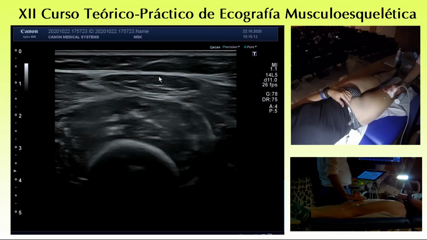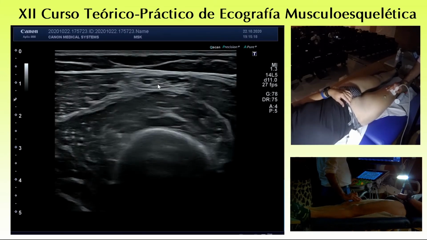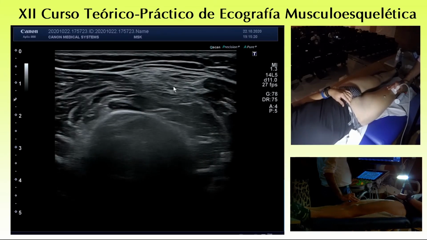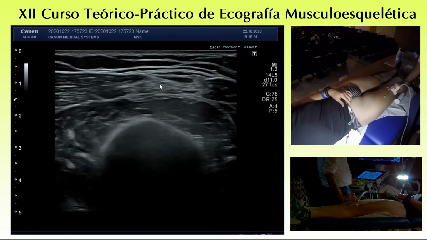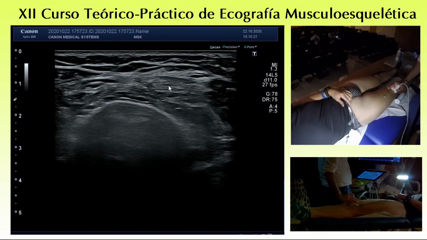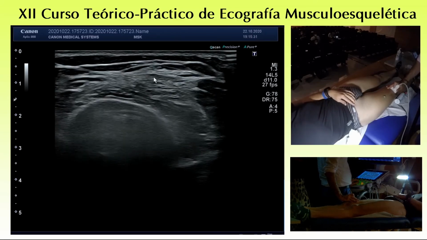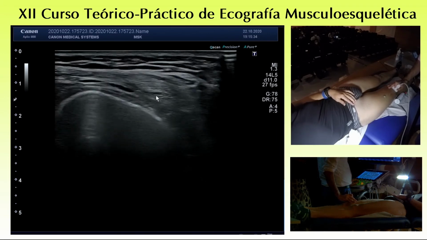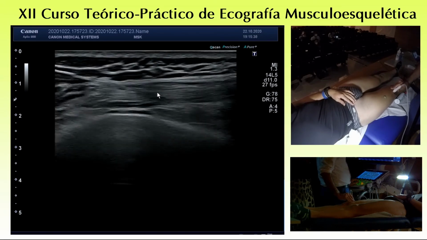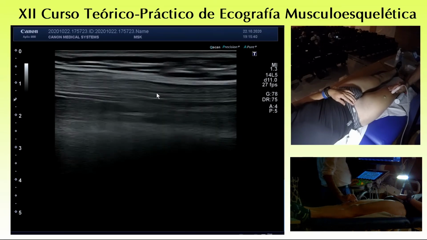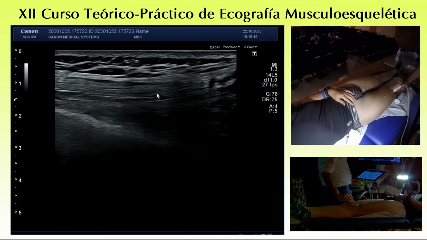I mean, the most superficial part of the quadriceps tendon is from the tendon of the rectus femoris. The intermediate part is from the vastus medialis and vastus lateralis. The lower part of the quadriceps tendon is from the vastus intermedius. So it's nice to recognize all the different structures.